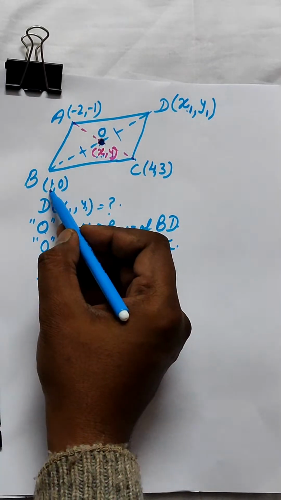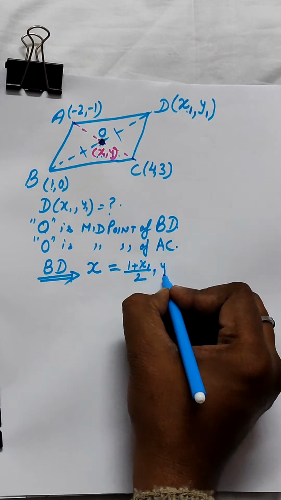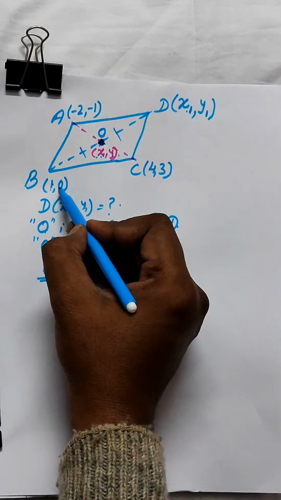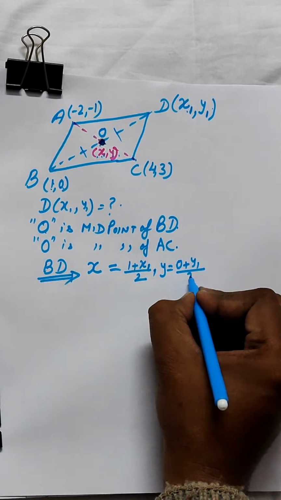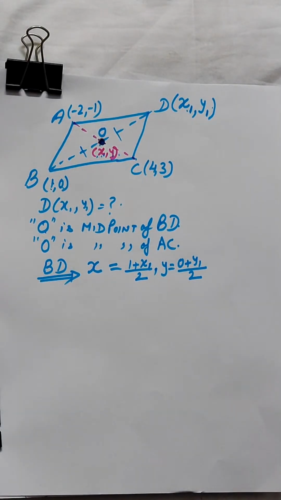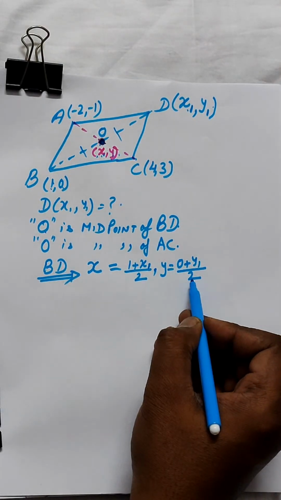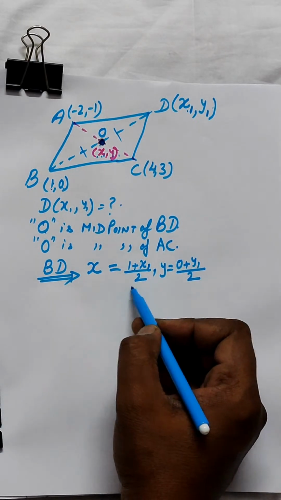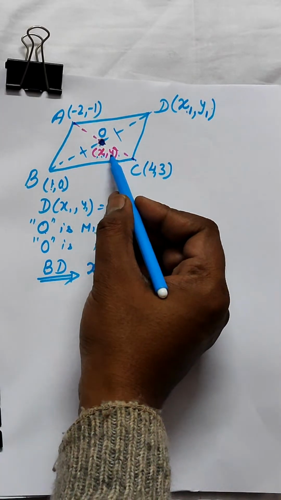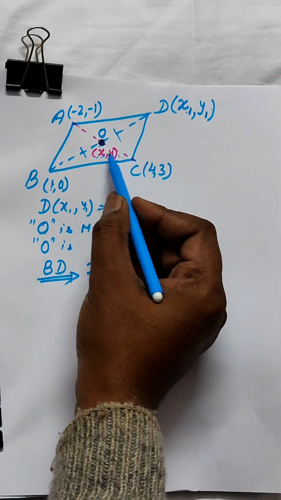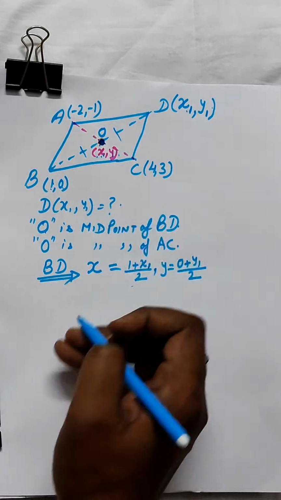Similarly, the y you will get as (0 plus y1) by 2, isn't it? These are the values of x and y for the point of intersection, right?